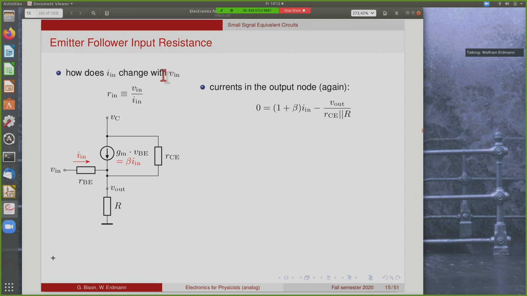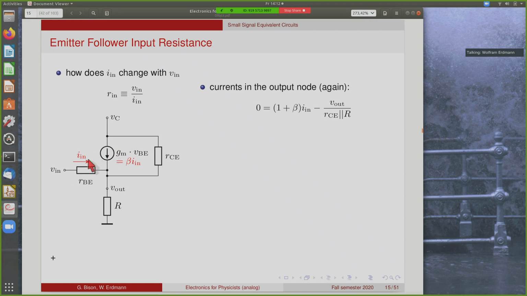Next, we look at the input resistance of the emitter follower. The input resistance means how does the input current change when I change the input voltage. So what current do I need to deliver here when I want to change the input by a certain amount? It is defined simply as the ratio of input voltage by input current. Again, we analyze the sum of the currents in the output node.